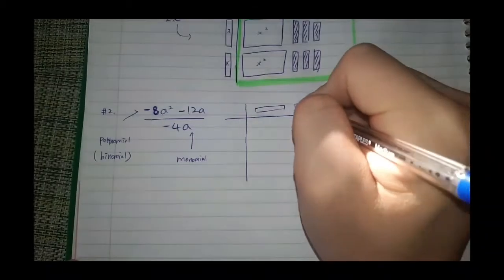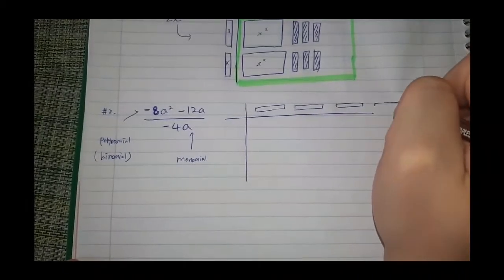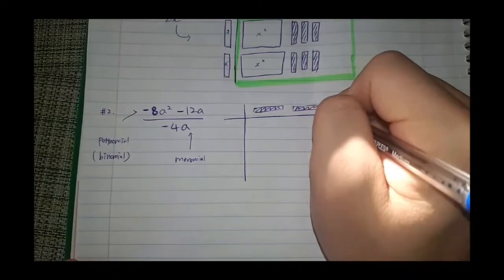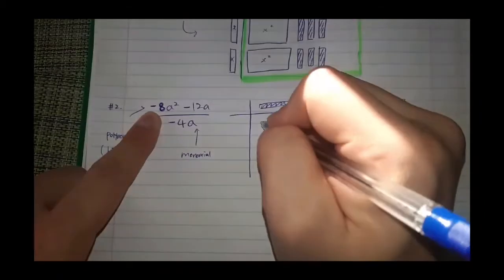I'm going to choose horizontal this time for the strip. Another thing you need to be careful about is that we need a color because it's negative 4, right? And we need to distribute negative 8a squared.